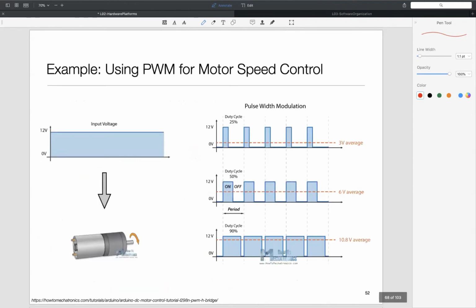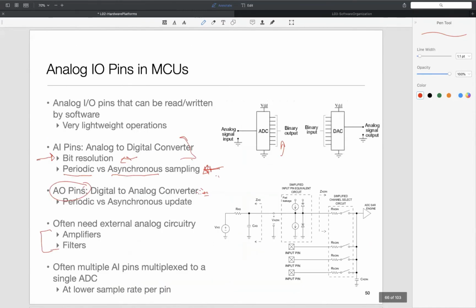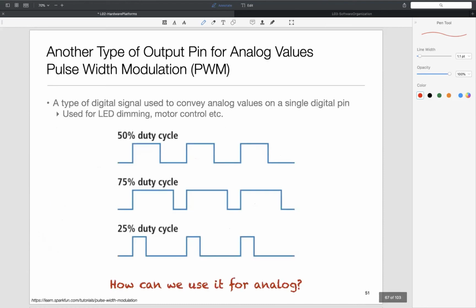Finally, another thing I wanted to point out is that sometimes I can use digital pins as a way to generate analog signals. Let me explain how that's kind of a poor man's approach. It's something called pulse width modulation.